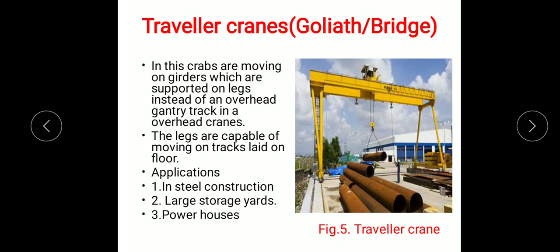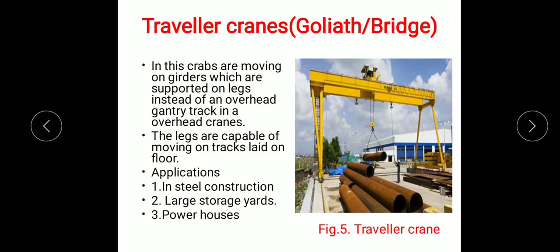Suppose initially the crane is at this level, this is the original position. The crane has lifted this pipe from this location, and the crane is now moving this pipe to this new location. Means the traveling of the crane is from this place to this new place.